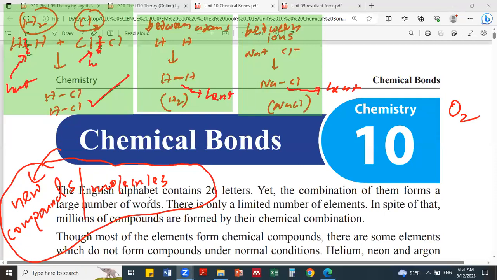But when you go to school, parents wait until you come back, sometimes they drop you, or you go in a van. When you're going alone, you are unstable. Is that clear? So the atoms are also like that, students.